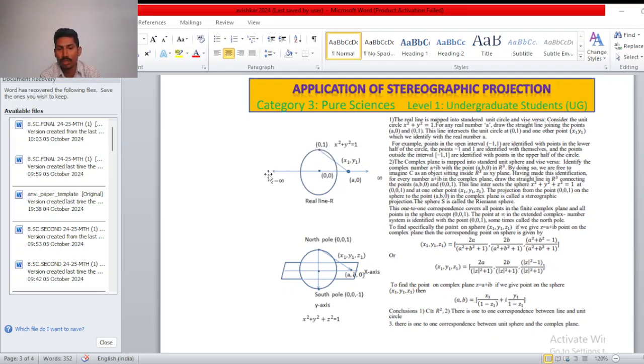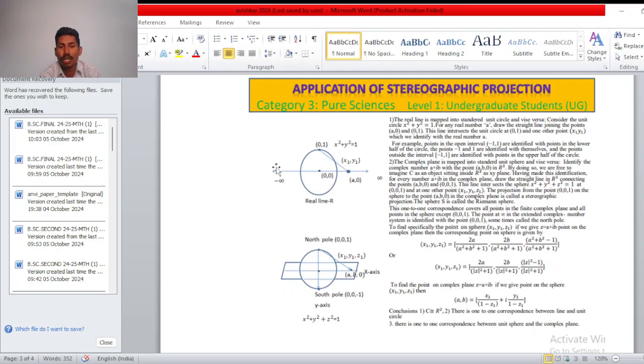I am putting that line through the origin, and if I want to find the image of the point a comma 0 on the circle, I simply draw a straight line passing through the north pole, that is 0 comma 1, and a comma 0. This line cuts the circle at the point x1 comma y1. So this x1 comma y1 is the corresponding point of the point a comma 0.